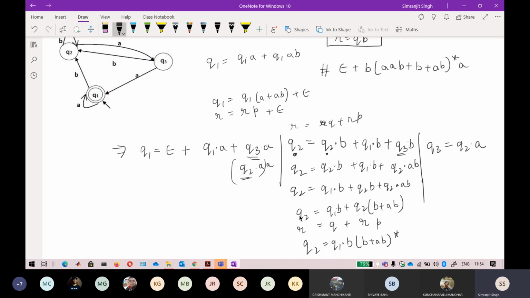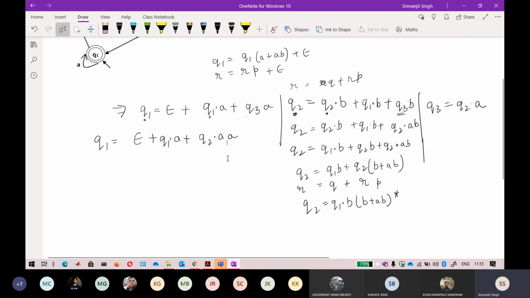Okay, just let me see. Yeah. Okay, so I can directly put the value of Q2 now in this. That will be a little bit easier for me. So start with it. Q1 equal to, because this is Q1, this is Q1, so Arden's theorem is also possible here. So just put the value here Q1A and put the value of Q3, which is Q2A. So Q2A followed by I. So I think that will become a little bit difficult.